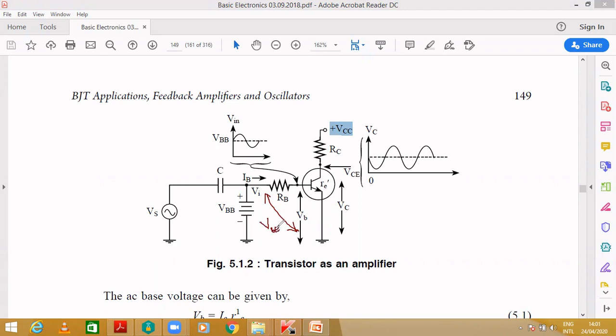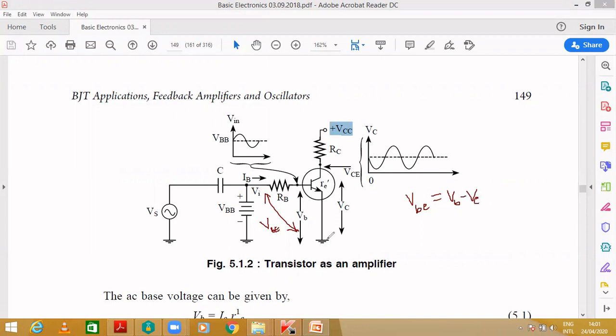and I represented it as VB. So why do I represent it as VB? This VBE is nothing but VB minus VE.